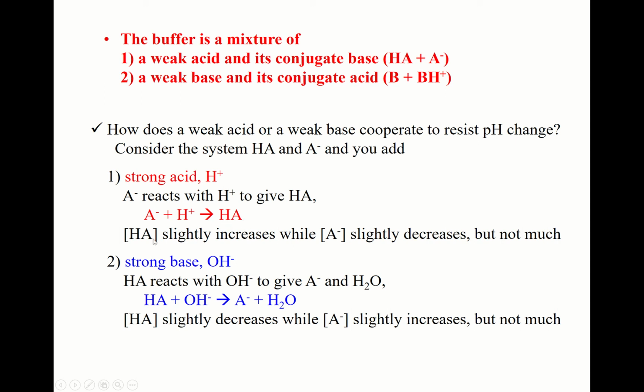HA slightly increases, because by the amount of added proton, the amount of HA is increased by this amount, while the amount of A minus slightly decreases, but not much.